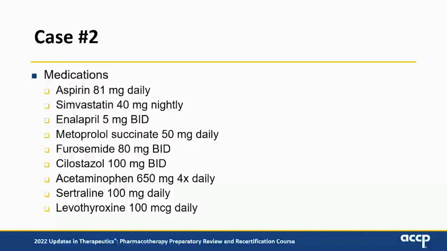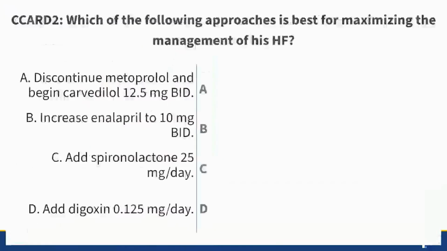His current medications include low-dose aspirin, simvastatin, enalapril 5 twice daily, metoprolol succinate 50 daily, furosemide, cilostazol, acetaminophen, sertraline, and levothyroxine. So the question here is which of the following is best for maximizing his heart failure management?